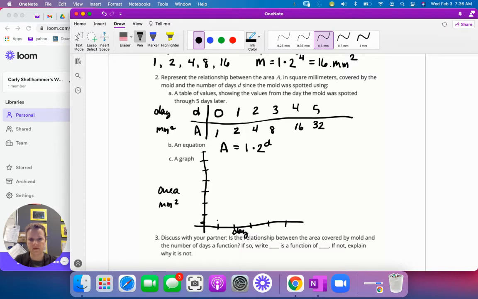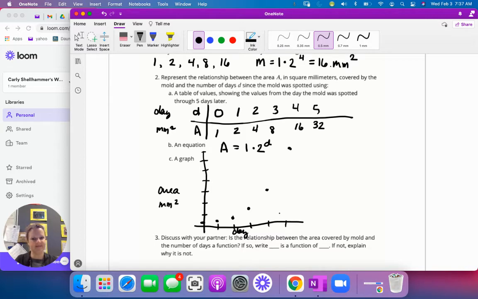Day 1 we're at 2. Day 2 we're at 4. Day 3 we're at 8. Day 4 we're at 16. Day 5 we're at 32, which is all the way up here.